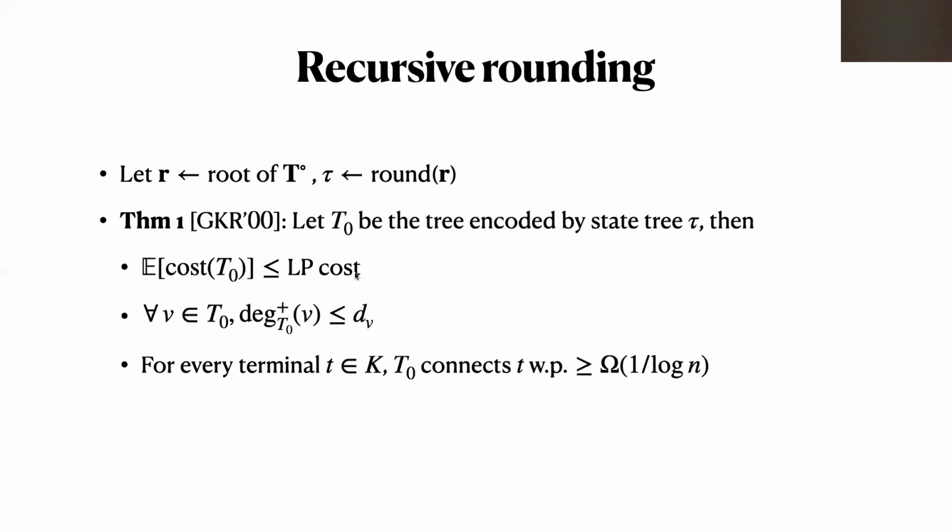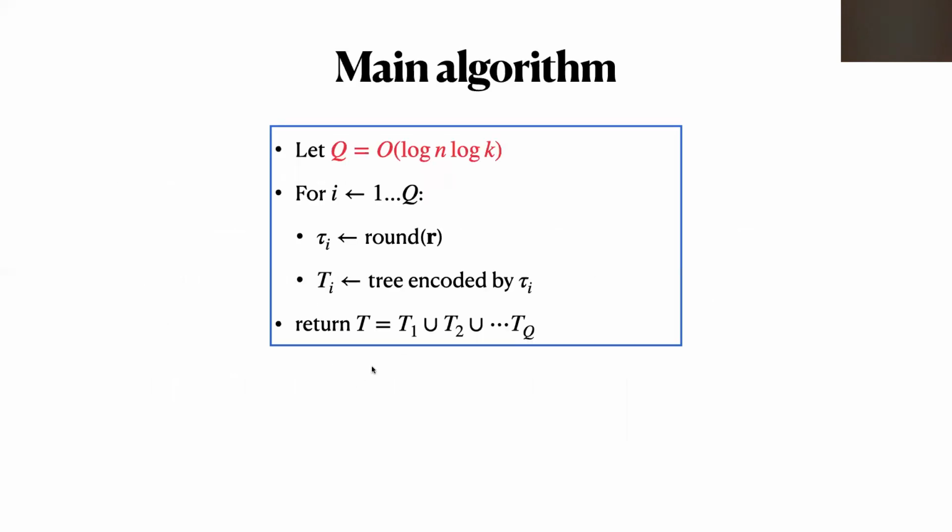Now the main algorithm is easy to see. You just simply run the rounding procedure multiple times independently. So we run it Q times, where capital Q is of order log n times log k. Then we take the union of all the outputs.